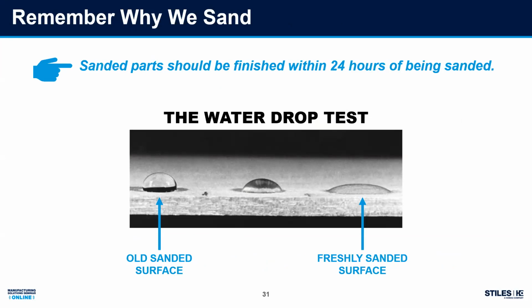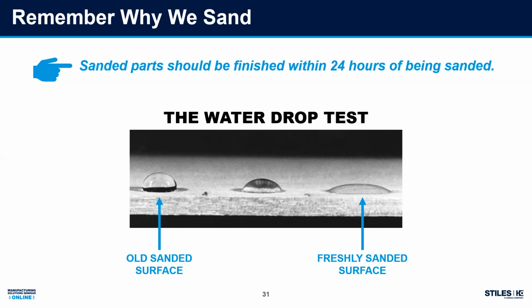Here you can see the water drop test. And on this side, on the left side here, you can see something that was sanded and then left, say maybe for a few days, or it wasn't sanded at all, and a water drop was put on the surface. You can use like a little water drop medicine dropper that you can get at any drugstore, and you can do this test yourself.